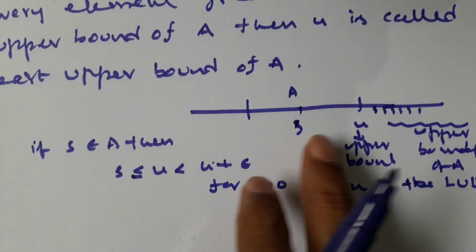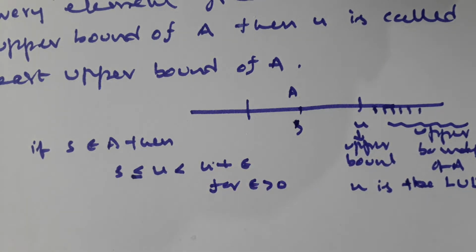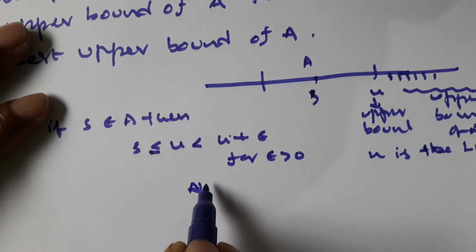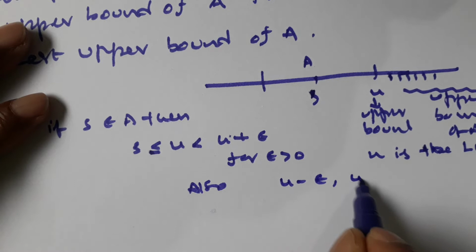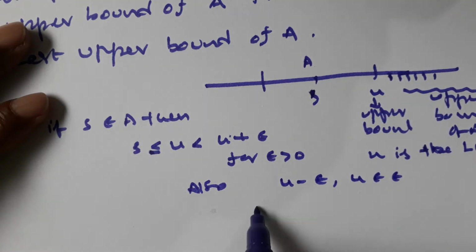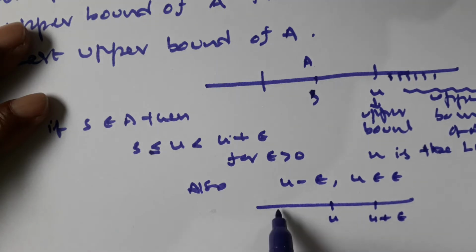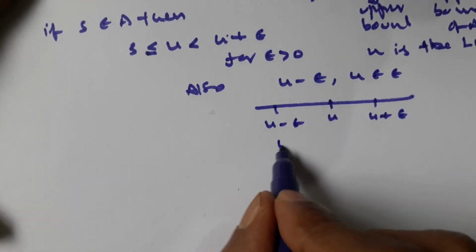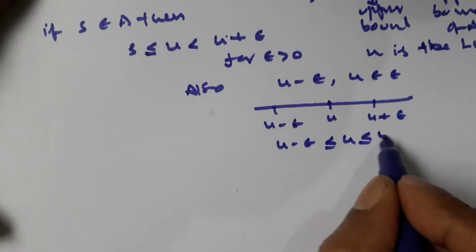So this side is u plus epsilon, and the left side is u minus epsilon. u minus epsilon, u plus epsilon is the neighborhood of u, also written as (u minus epsilon, u plus epsilon). This is u. That will be u minus epsilon less than or equal to u, less than or equal to u plus epsilon.